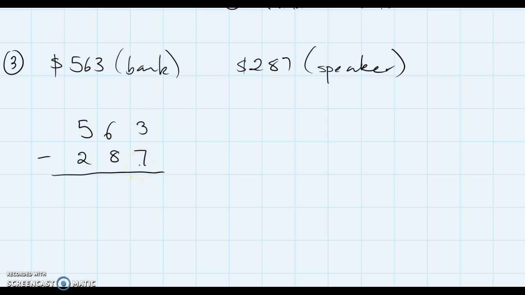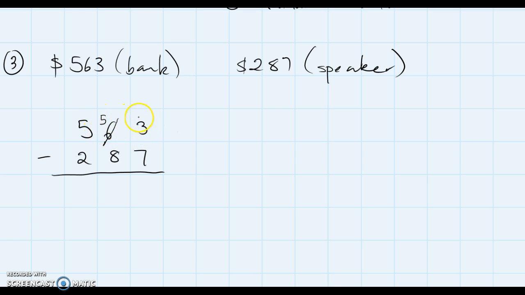We know that cannot be done, so which means that we need to borrow. We need to borrow 1 ten from the 6 tens and add it to the 3. So we borrow 1 ten from the 6 tens, which now becomes 5 tens.